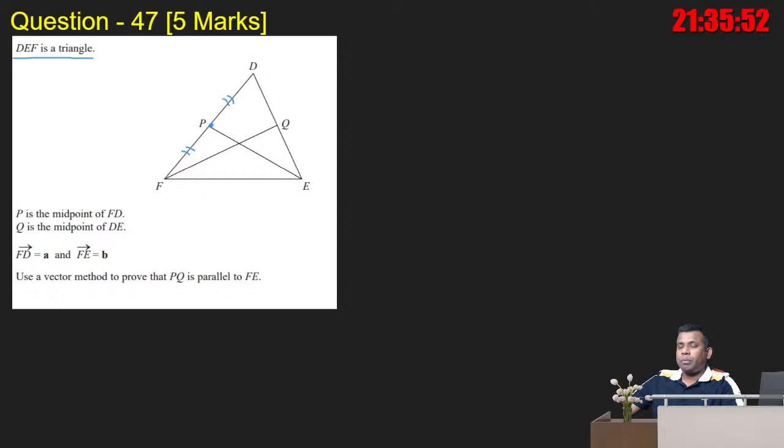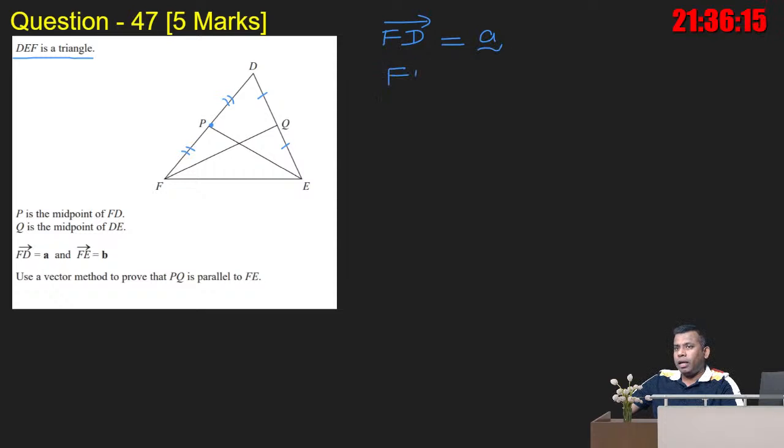And Q is the midpoint of DE. So this length, I don't need to put two equal signs, one equal sign. And FD equals A. So vector FD is A, it is given, right?